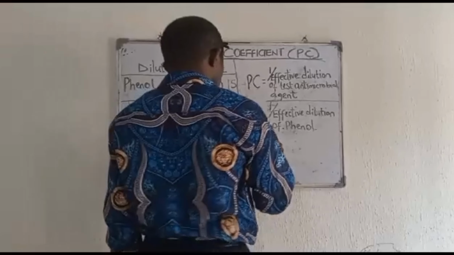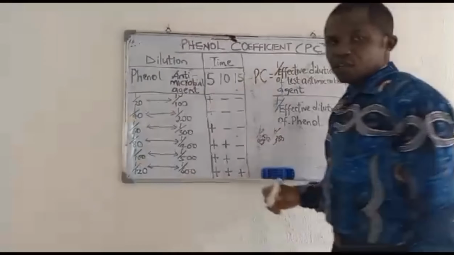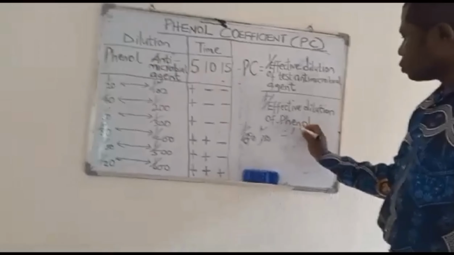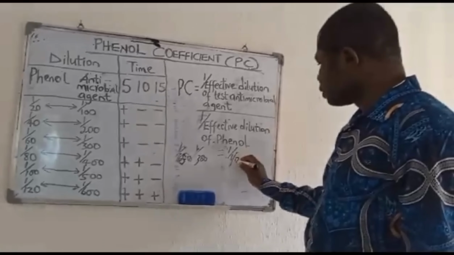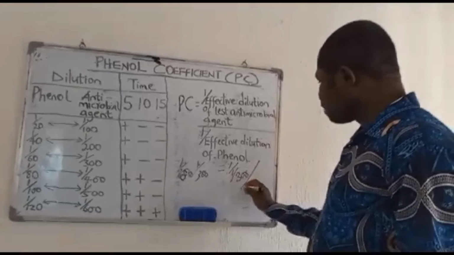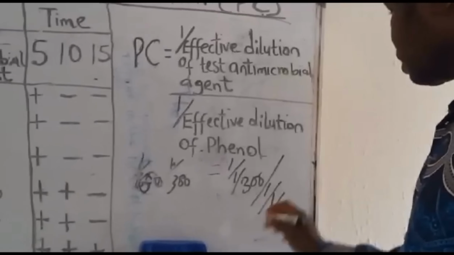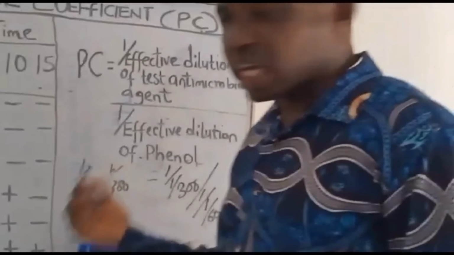So if we put it in this formula, we have 1 over 300 over 1 over 60. So we have division of fractions here.